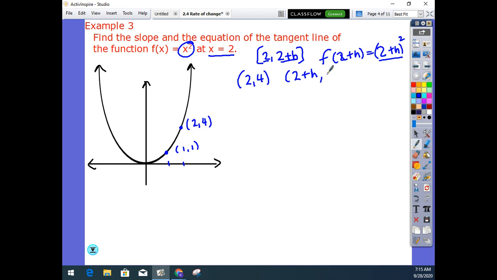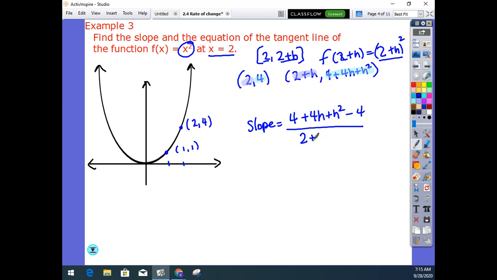So when we square the quantity, that's 4 plus 4h plus h squared. So our slope at 2 will be our y minus our y over x minus x.